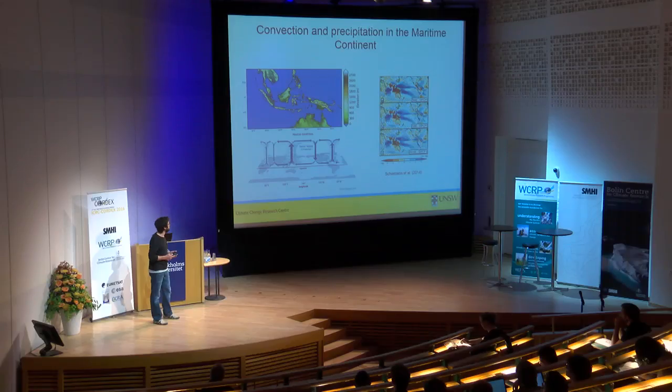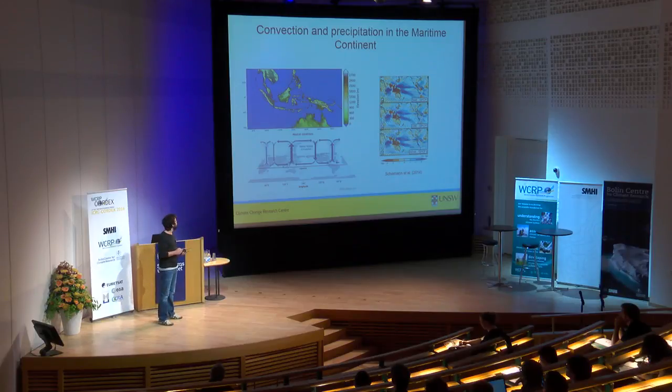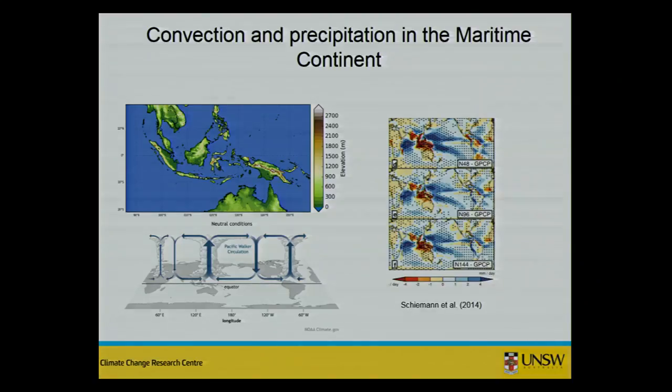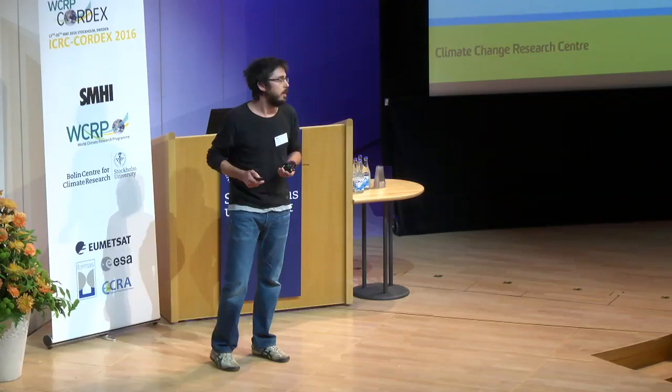The Maritime Continent is this archipelago between the Pacific and the Indian Ocean, and it has very warm ocean surrounding these islands with very complex topography, and there are thousands of islands of different sizes. What happens in this region has implications globally.